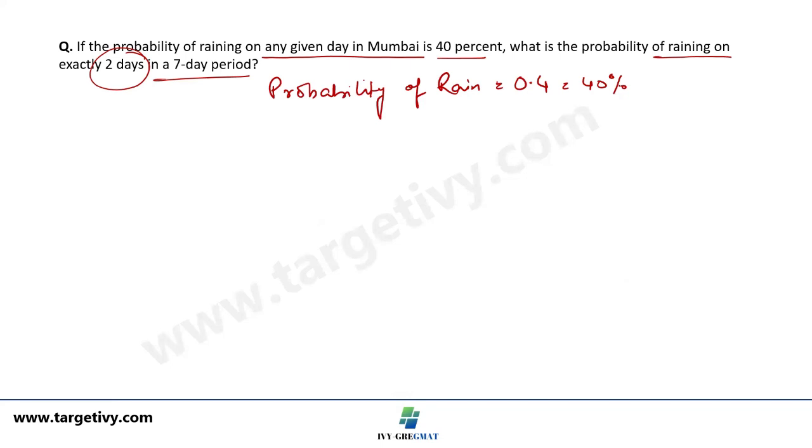Exactly 2 days. Then we have P is equal to nCr multiplied by p to the power r multiplied by 1 minus p to the power n minus r. Let's fix it here.